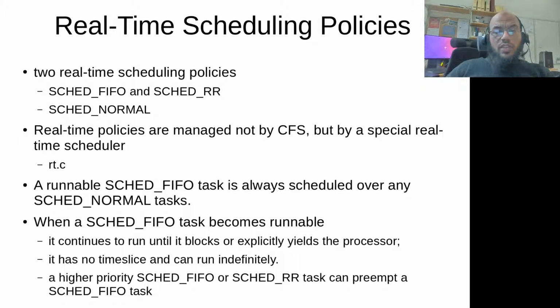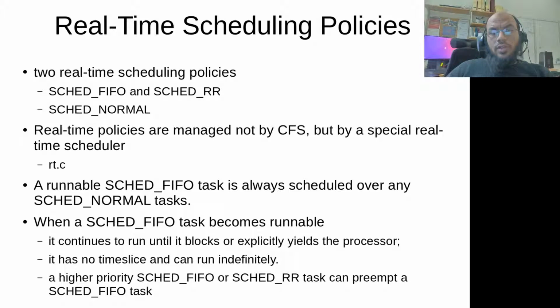When a SCHED_FIFO task becomes runnable, it will basically start running, and it will not leave the processor. It can run indefinitely unless it yields the processor, so voluntarily leaves the processor to wait for something, or it gets blocked on, for example, IO, needing to read something from memory or from disk, and then it will also get preempted until it acquires whatever it needs, but then it will rerun again.